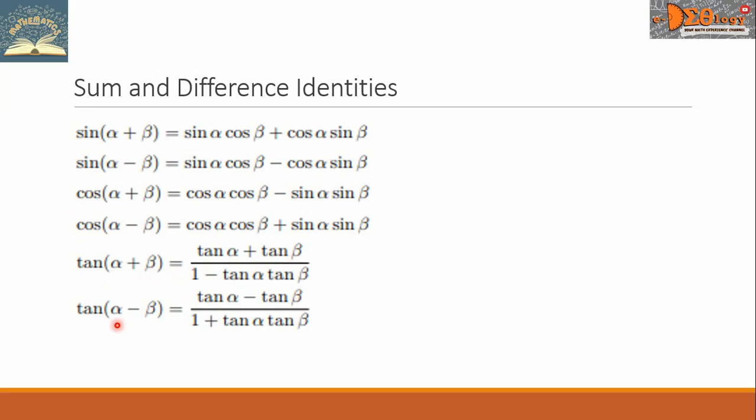For the tangent of the angles alpha minus beta equals tangent alpha minus tangent beta all over 1 plus tangent alpha times tangent beta. See and observe the similarities of the sum and difference for the tangent of two angles.